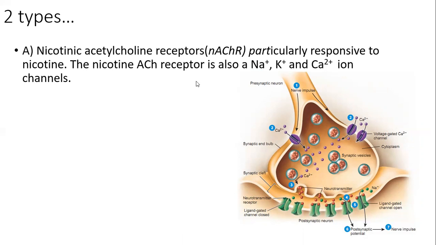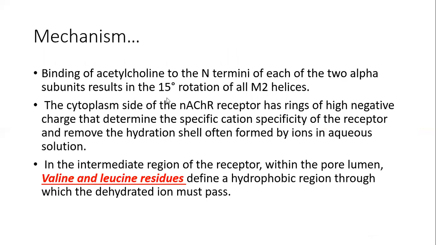Now the mechanism. What we have discussed, it is given here in more detail. Right now we are talking about the acetylcholine receptor. Here the mechanism: binding of acetylcholine to the N terminus of each of the two alpha subunits results in the 15-degree rotation of all the M2 helices.